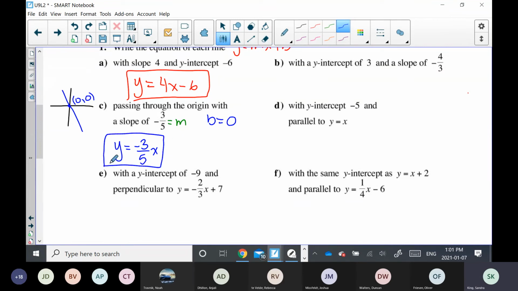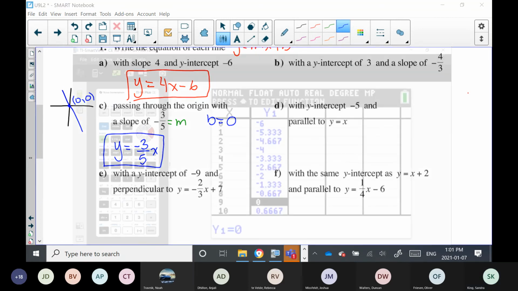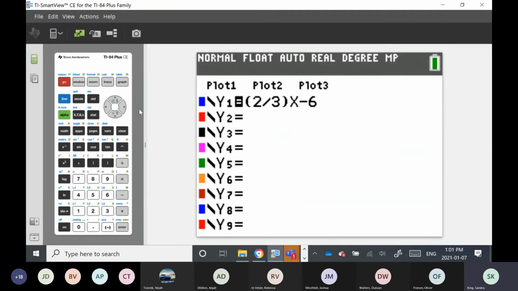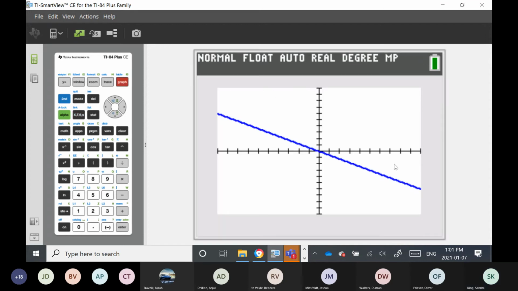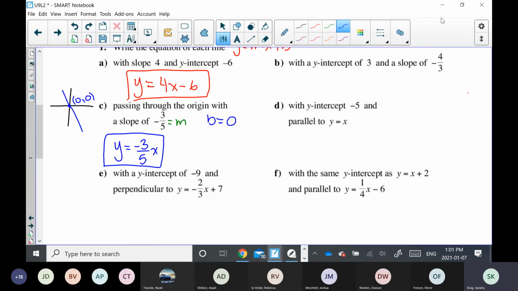So if I quickly show you that on your calculator, -3/5 x. I don't even have to type in that plus 0. So -3/5 x, it goes through the origin. This is a negative slope, okay?